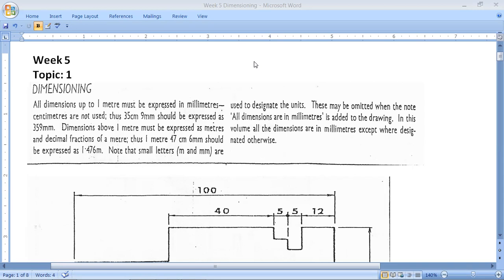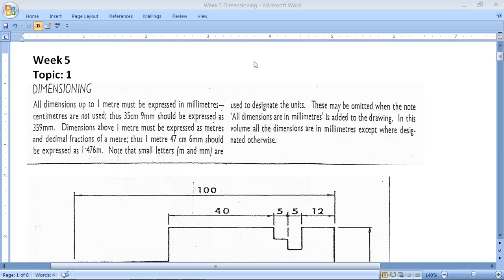It's very important to follow the regulation of dimensioning after you complete any orthographic projection drawing or any isometric, oblique, or pictorial projection drawing.